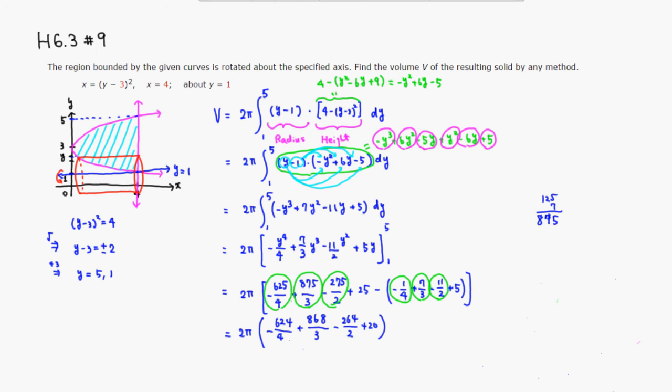So we divide by 4. This is going to be 624 divided by 4, which is 156. And then, is it divisible by 3 here?